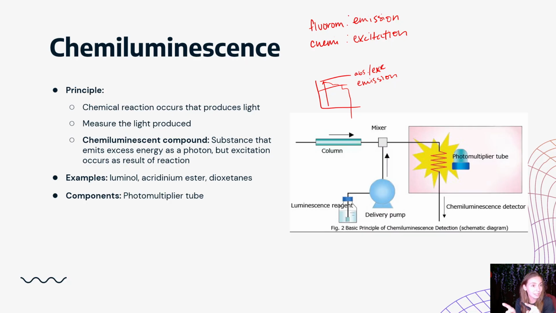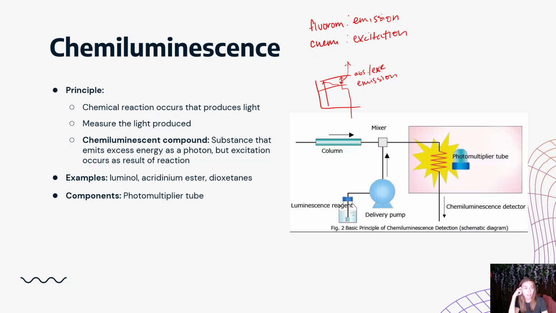The reason chemiluminescence is the most sensitive method is because, like fluorometry, you're using a photomultiplier tube. You can measure very, very small amounts. You're measuring it on a blank zero background, okay? The difference is, in that process of going from absorbance and excitation to emission, you have the chance of, in fluorometry, losing that small amount of energy to the system and not being able to measure it, right?